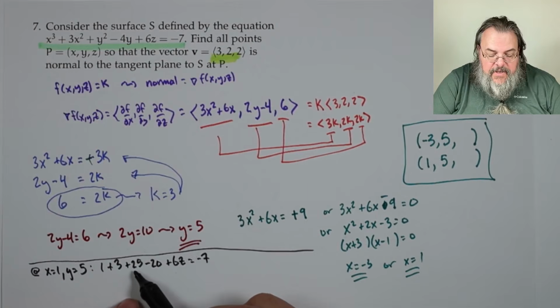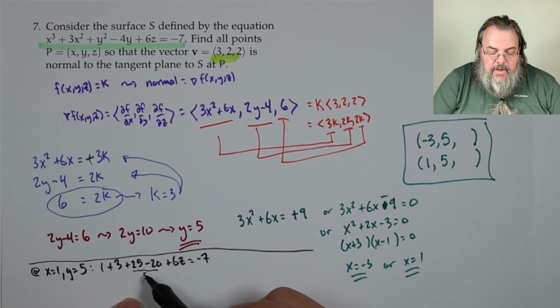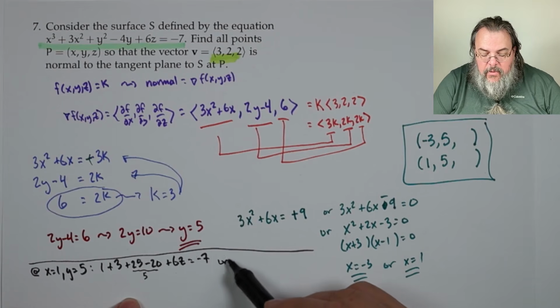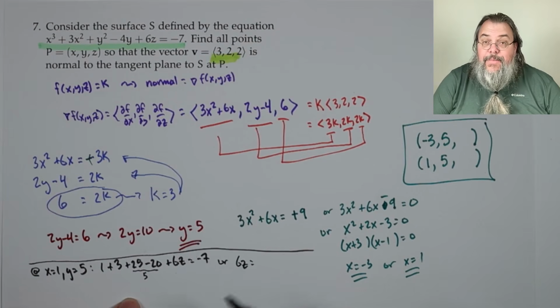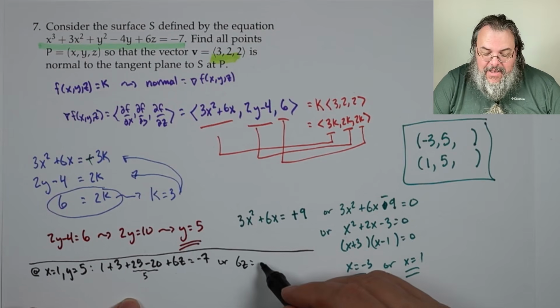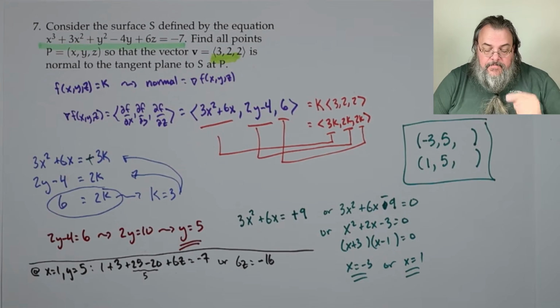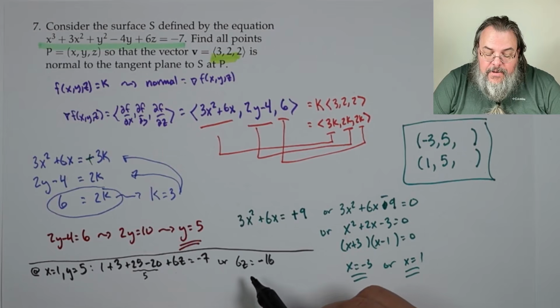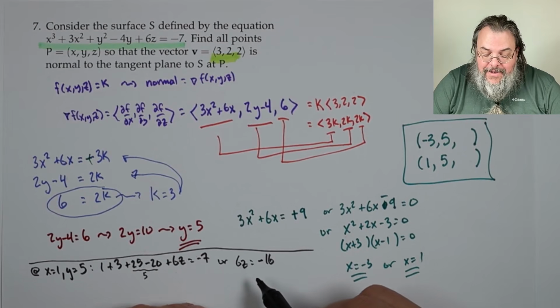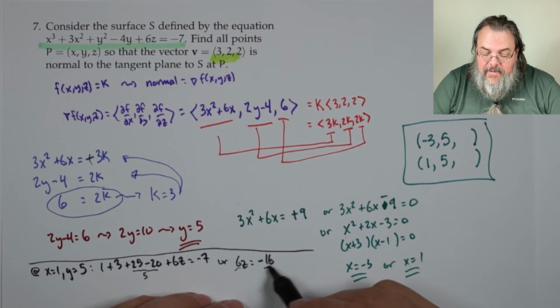Well, 25 minus 20 makes a 5, plus 1 plus 3 is 9. So we subtract that, and 6z equals minus 7 minus 9, which is negative 16. So we divide both sides by 6.